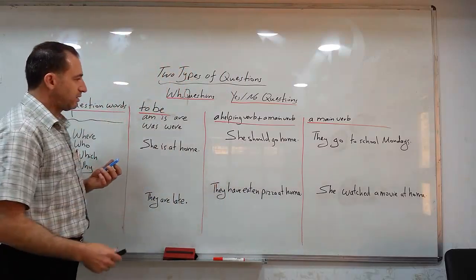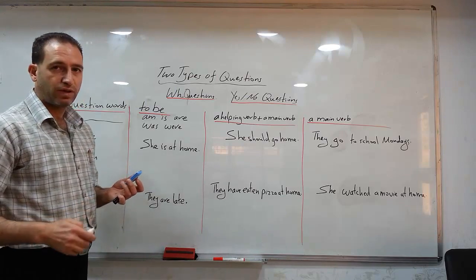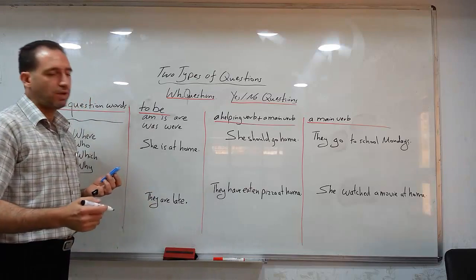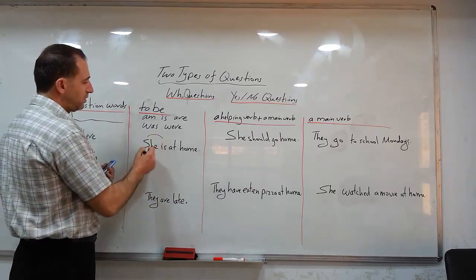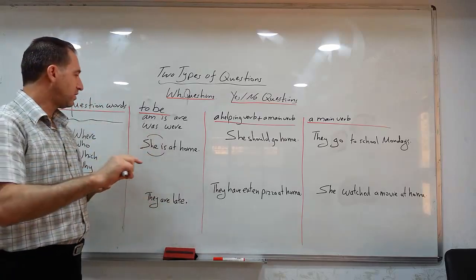Okay, I'm gonna do some examples. Maybe this is helpful, doing the example in front of you. She is at home. The first question that I might make can be answered with yes or no. I'm gonna do some inversion. Inversion means you reverse.